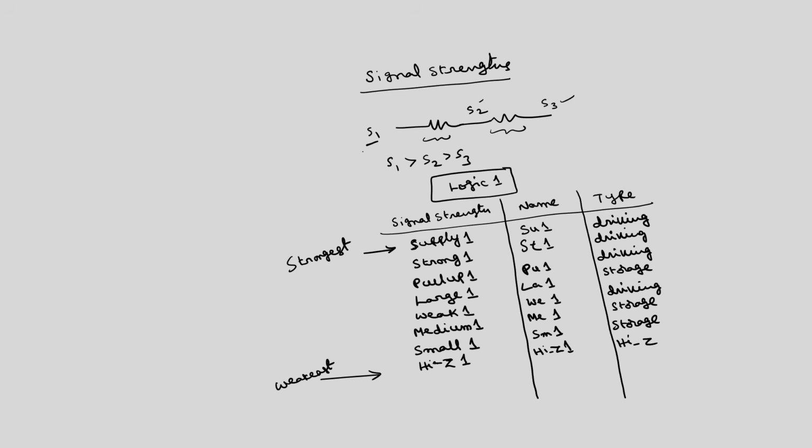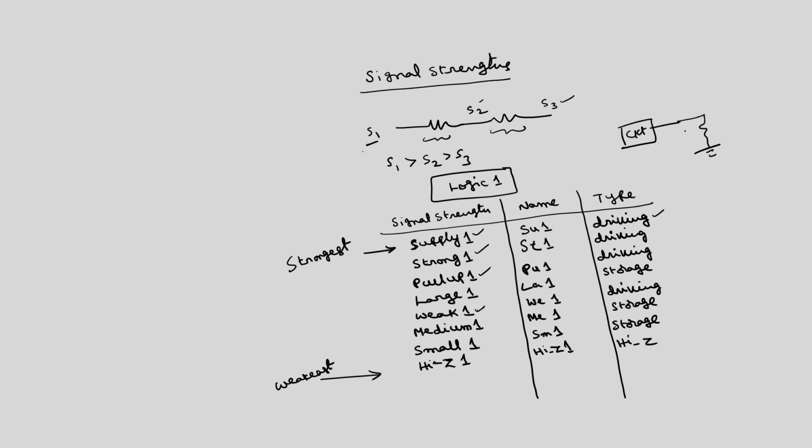Okay. So, the meaning of this is, if the output of some circuit is at supply 1 or strong 1 or pull 1, even if it is weak 1, in all these cases it can be used to drive some other loads, some other circuit.